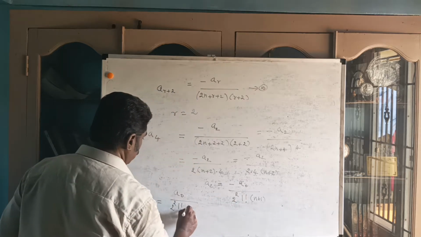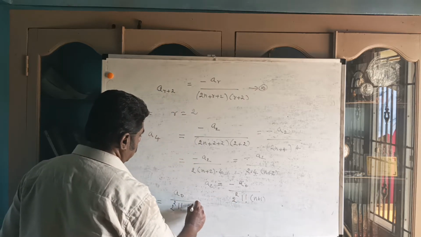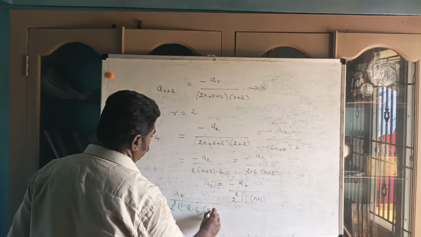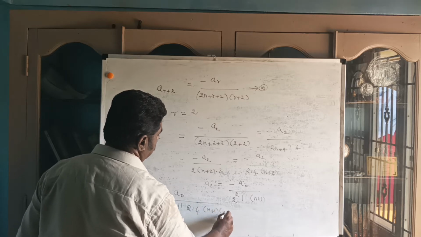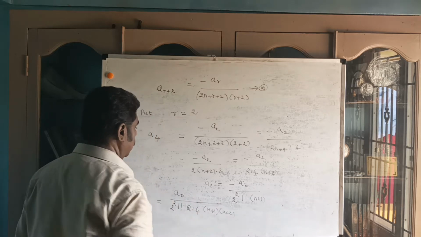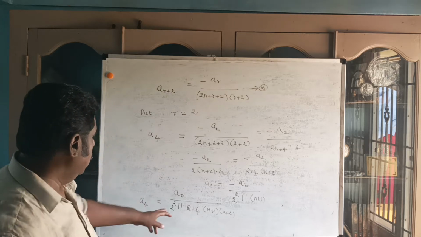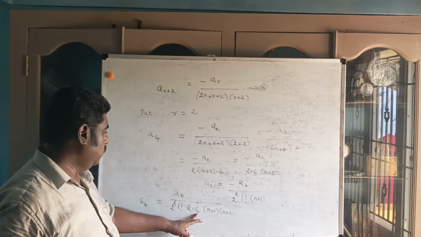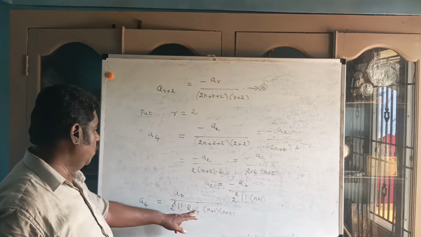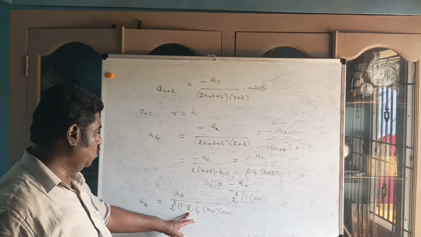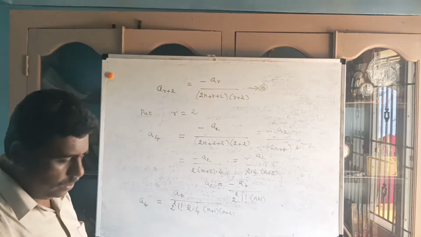Then 2 into 4 into (n + 1) into (n + 2). This 4 is also 2 square, so 2 power 4, 1 factorial is 1, and this 2 is replaced as 2 factorial.